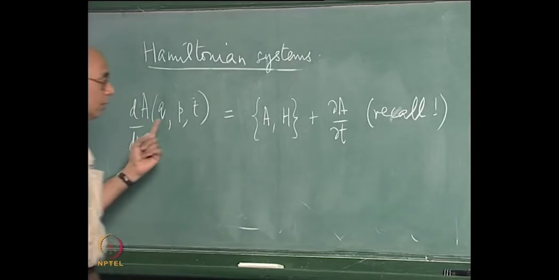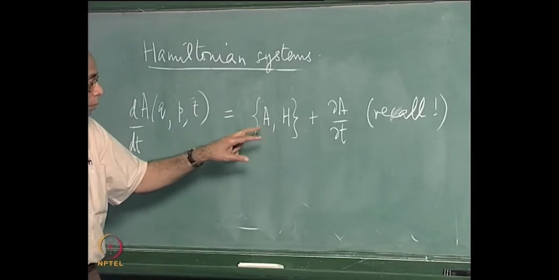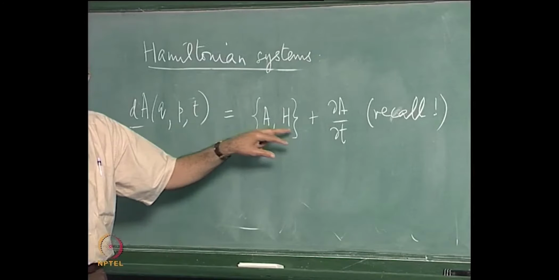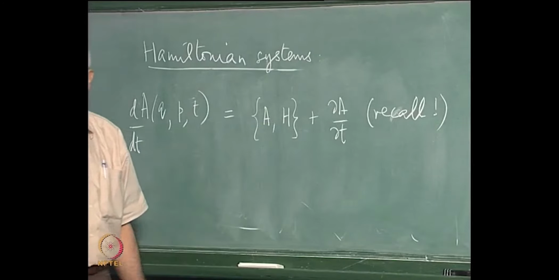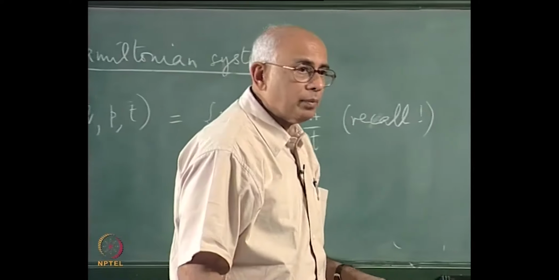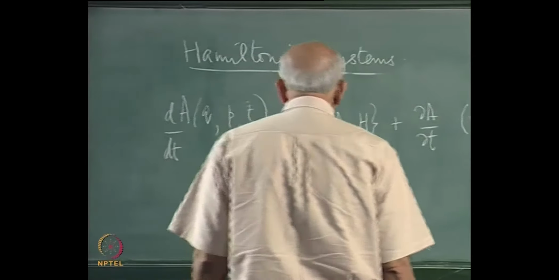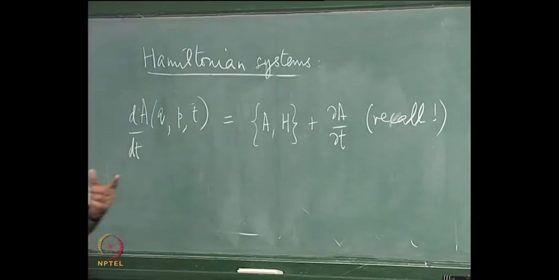If a does not have explicit time dependence, then it is a constant of the motion provided its Poisson bracket with the Hamiltonian vanishes, or it Poisson commutes with the Hamiltonian. This is the reason why the Poisson bracket, among others, plays a fundamental role in Hamiltonian systems. Now a could be one of the original dynamical variables themselves.